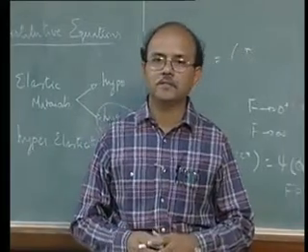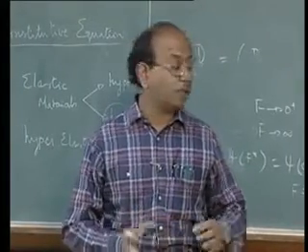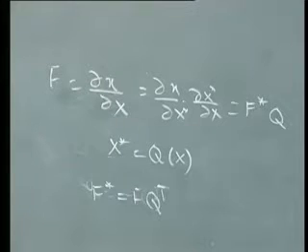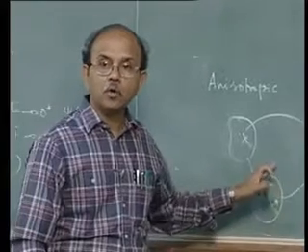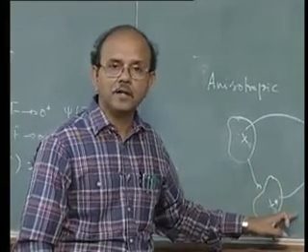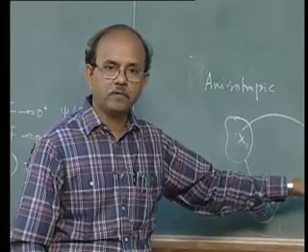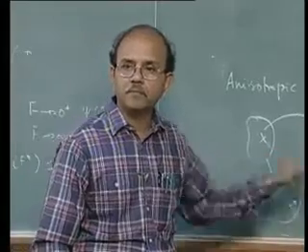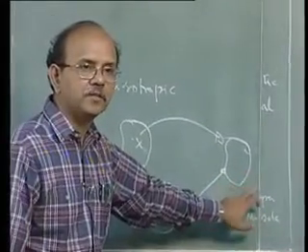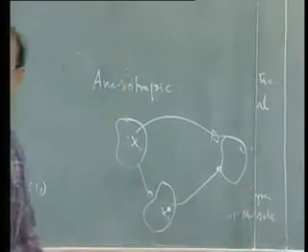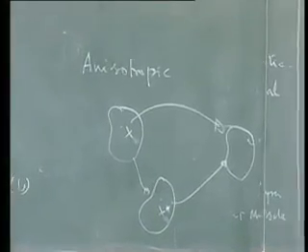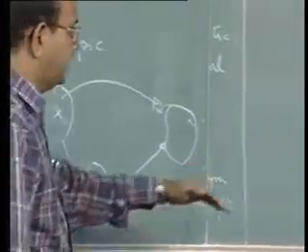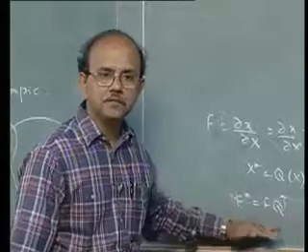Physically, it means that isotropic materials are ones where if I take the reference configuration, rotate the reference configuration and apply this loading, or without rotation if I apply the loading, in both cases my deformation is going to be the same. So that is what I mean by saying that this equation is satisfied.